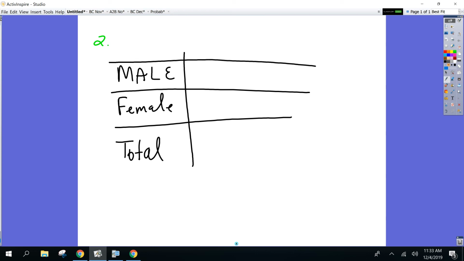And up top, you're going to have yes, no, total. Based off the info they give you, you're going to fill it in. No questions after it.